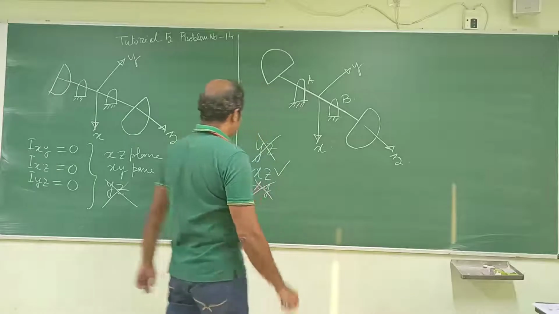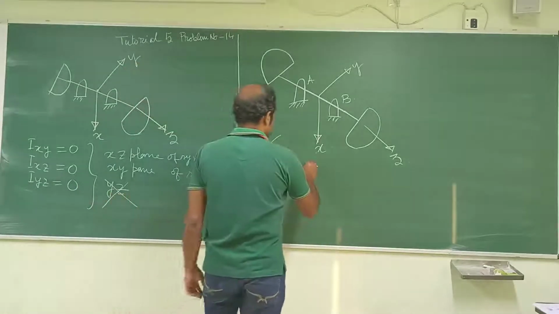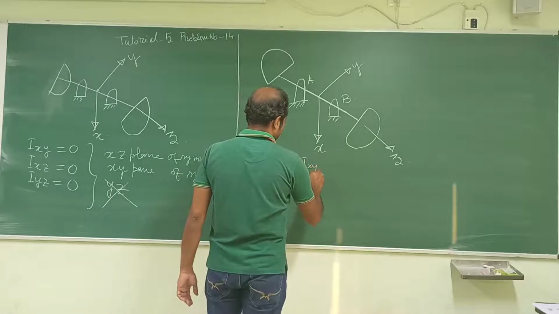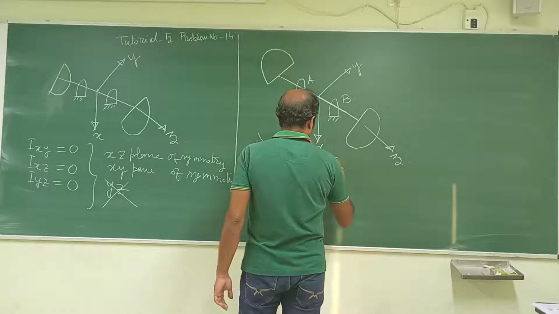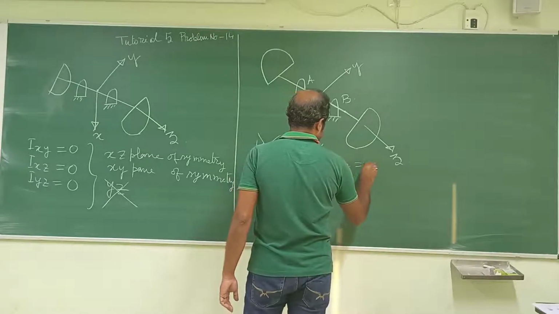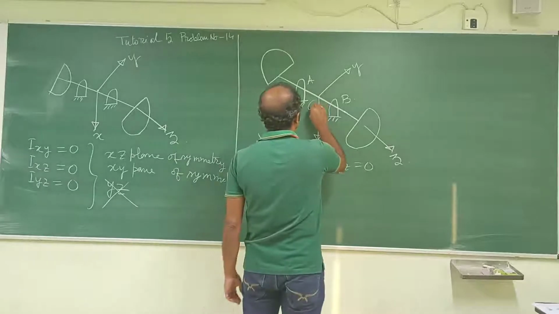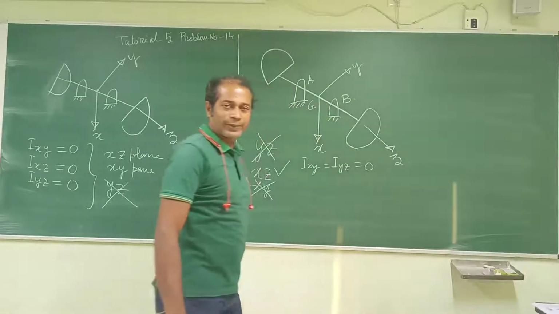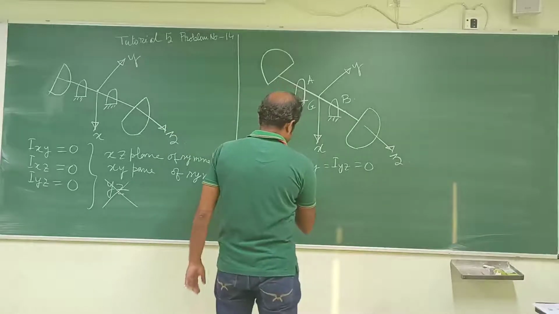Now with the xz plane of symmetry, all the y components are going to be 0. So Ixy is equal to Iyz is equal to 0. Now this is your G point. Okay, now let us calculate what LG is.